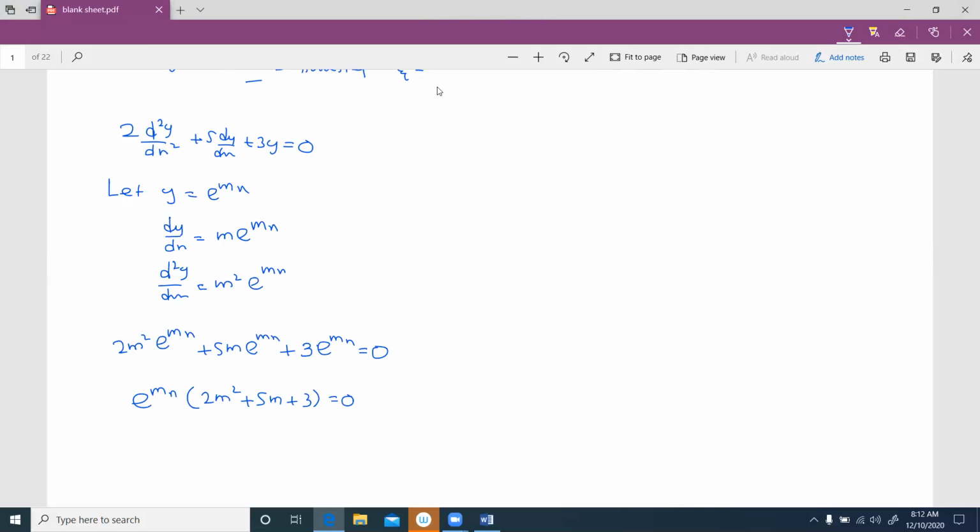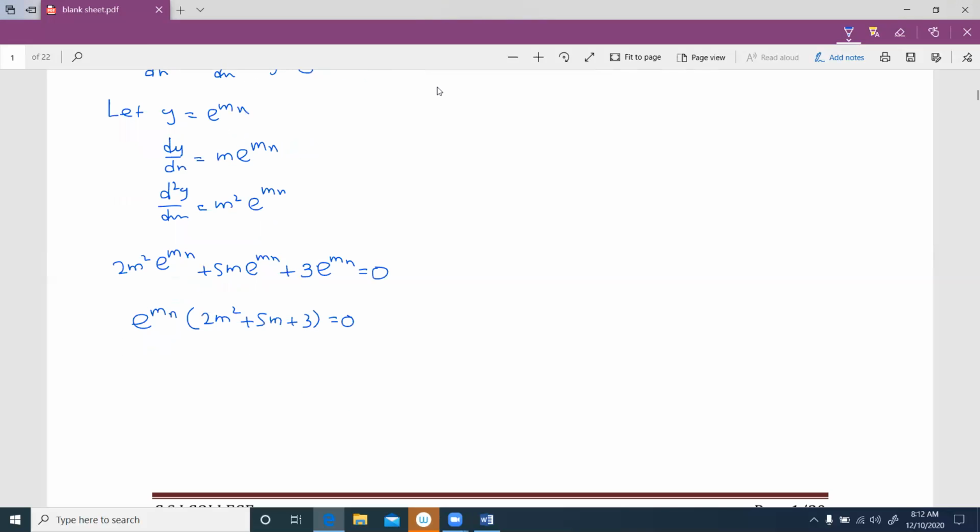We know that e to the power mx is not equal to 0, because the exponential function never turns into 0. If you draw the exponential function, it approaches 0 but never reaches it.